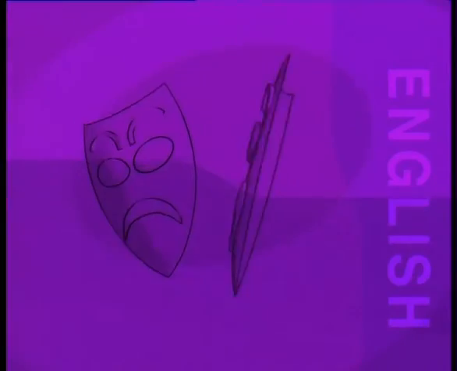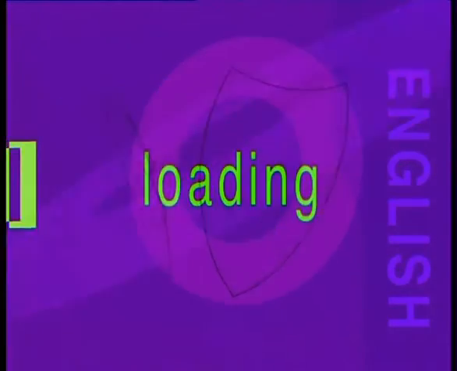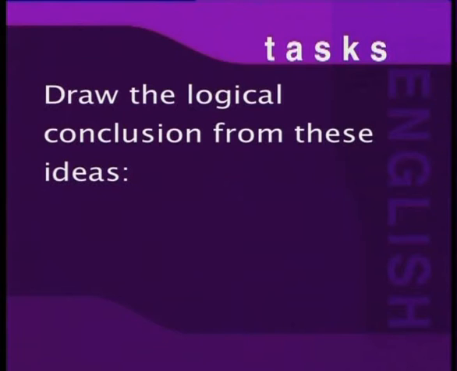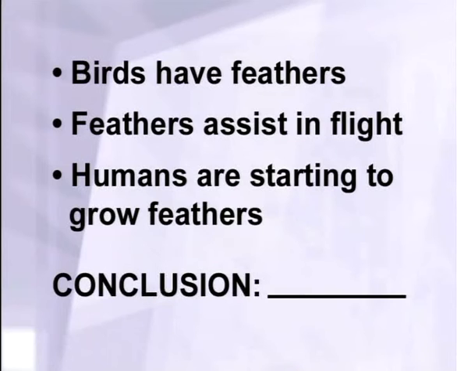All that's left now is to look at a task. The first part of your task is to draw the logical conclusion from these three ideas. I'll read them. Birds have feathers. Feathers assist in flight.